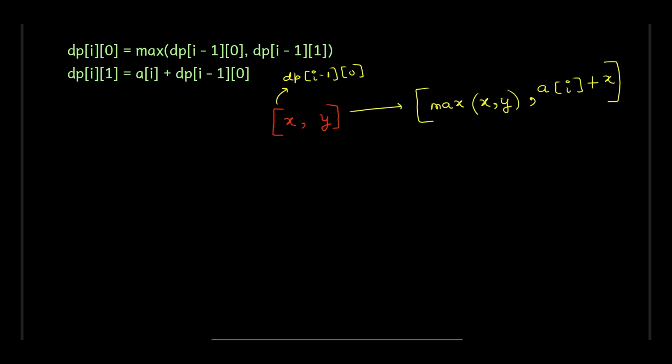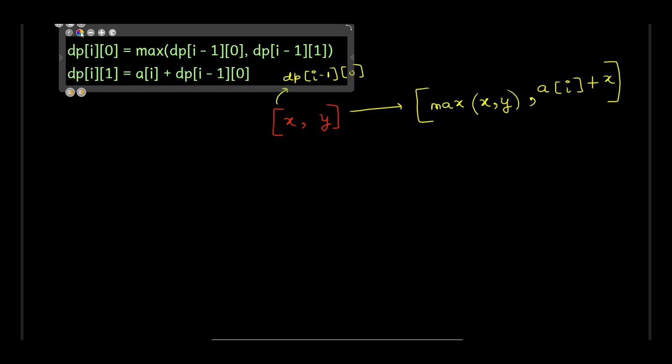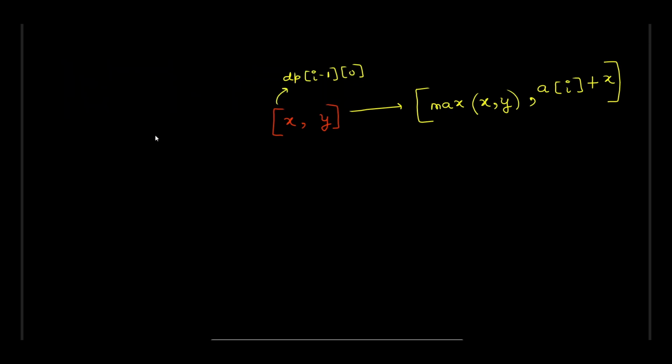So let's forget this dp definition going forward, and keep these very simple transitions. If you have x and y on the left hand side, you want max of x comma y and ai plus x on the right hand side. But how do you achieve this? Let's say you are dealing with x comma y, and this time let me write it like so.